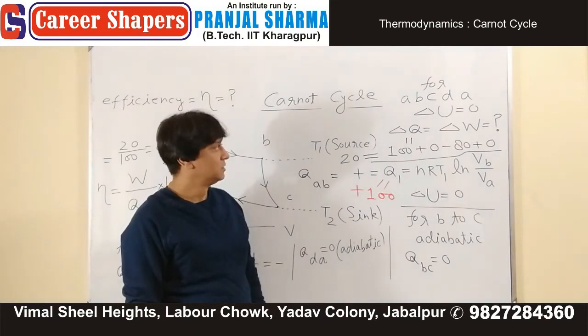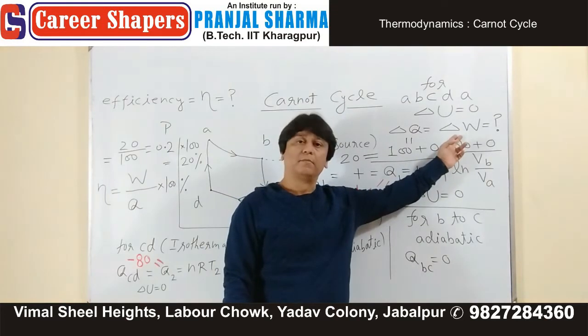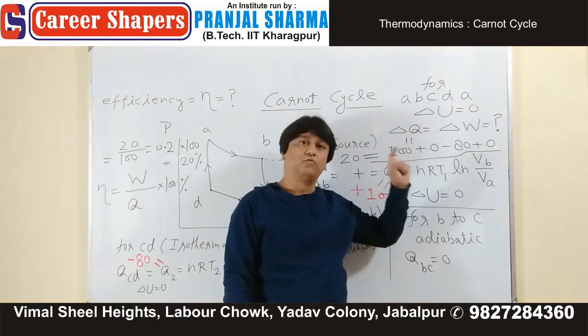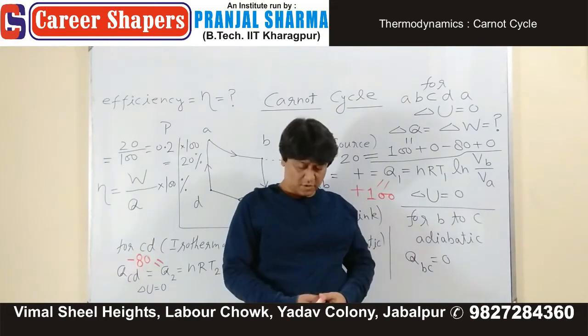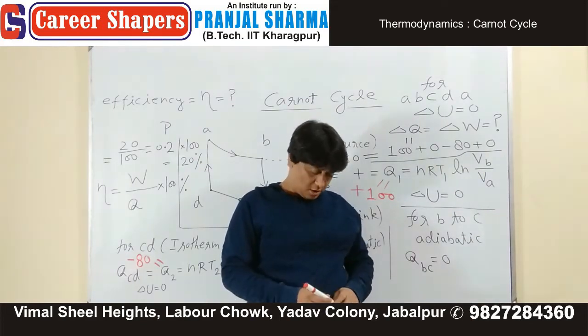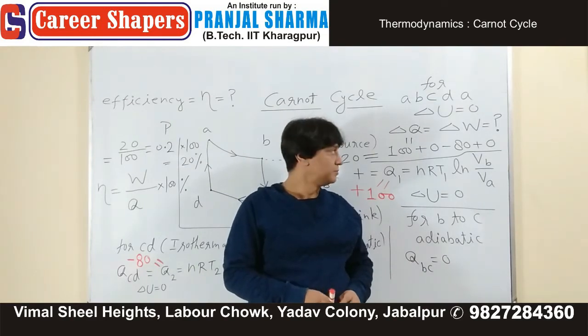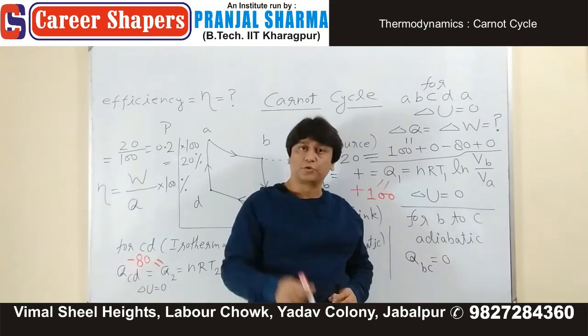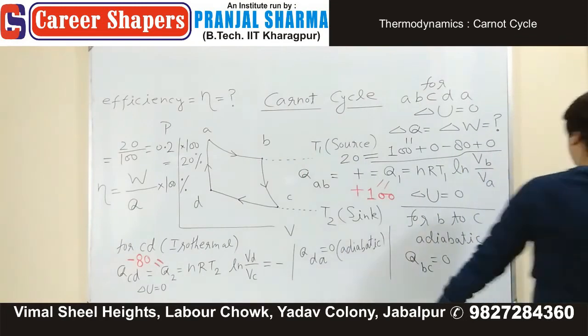It represents delta W, or work done by the system, inside the bracket, which is also the area of the cyclic curve.